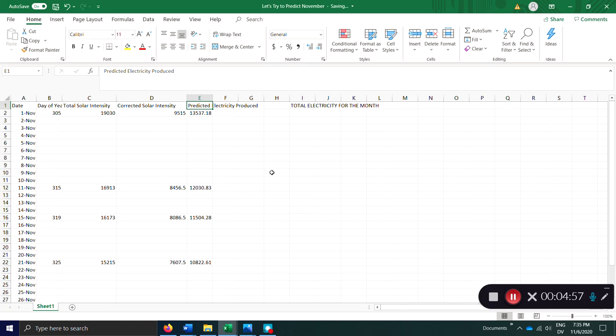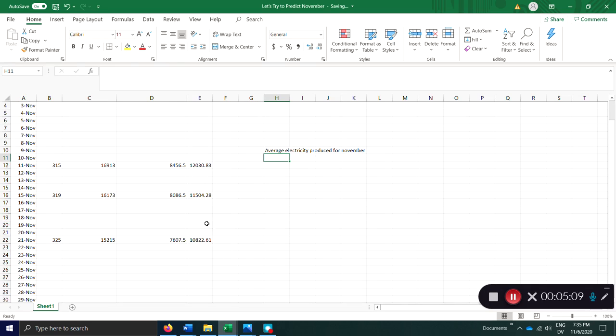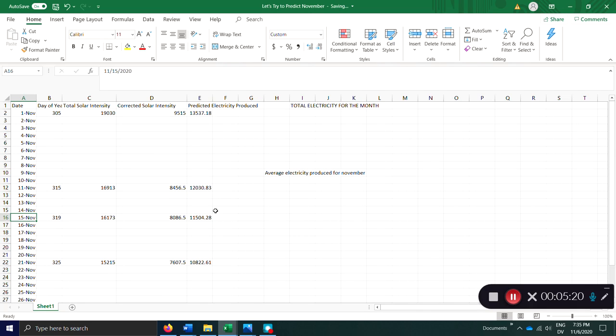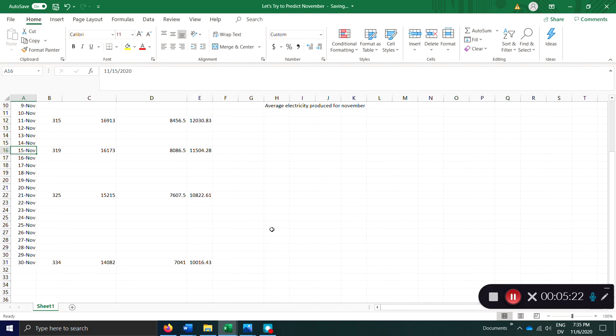How could I find an average? Well, I could think of several different ways. Say, average electricity produced for November. Here's one option. Maybe I just look at the day that's right at the middle of the month, the 15th of November. That's right in the middle. In the earlier days of the month, I'll make more. Later days of the month, I'll make less.